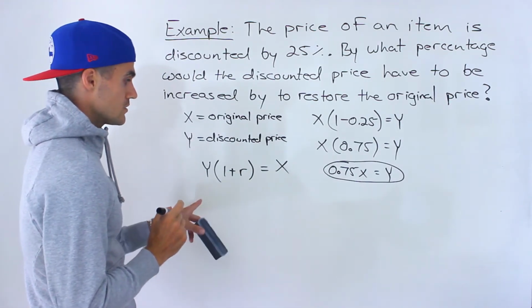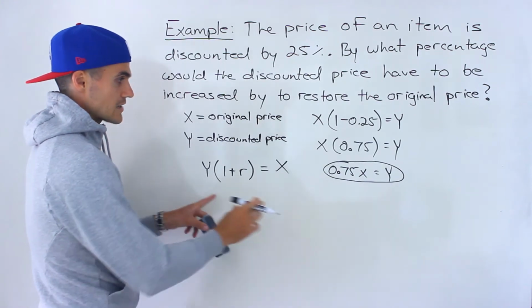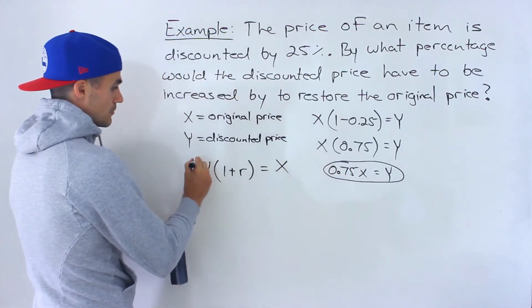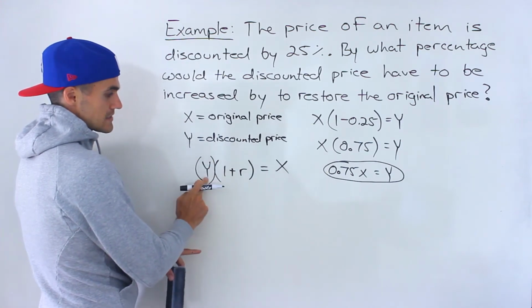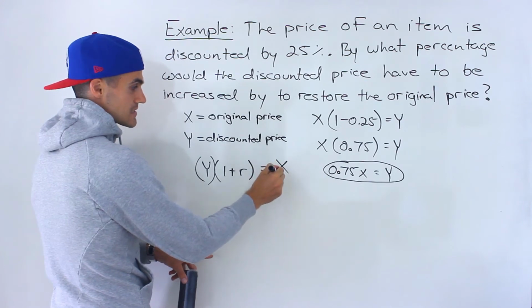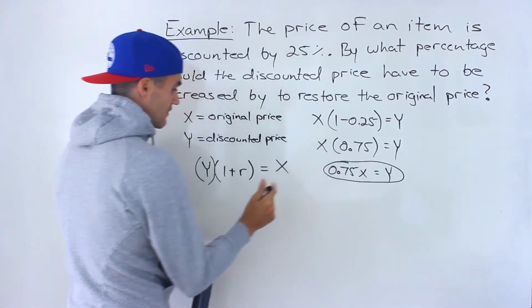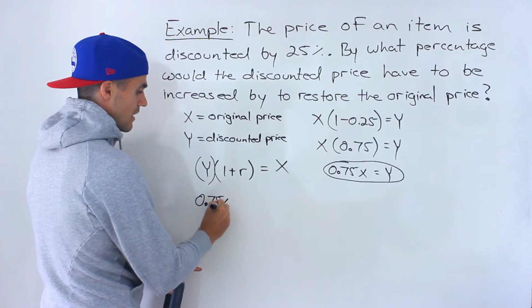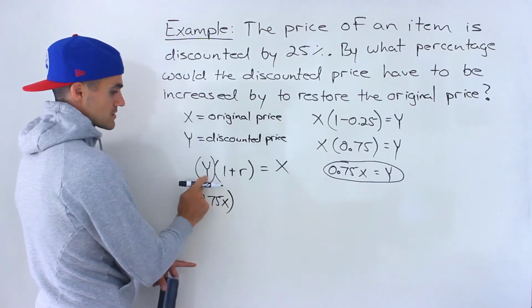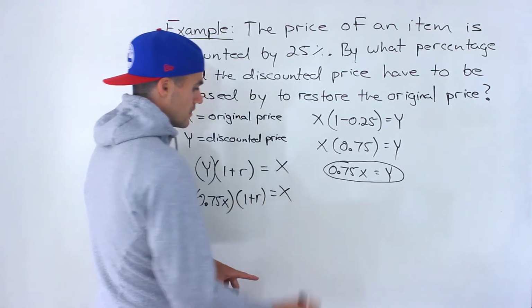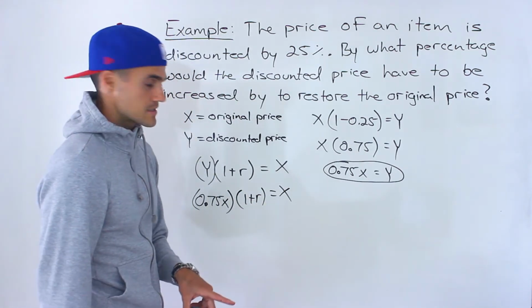What we can do is use this relationship and plug it in here, because notice we have this y by itself. We're multiplying it by 1 plus r to give us that x, but we know y is equal to 0.75x. So we can put 0.75x in brackets for this y, and we'll have 1 plus r equals x.